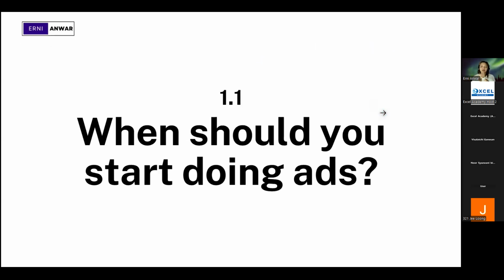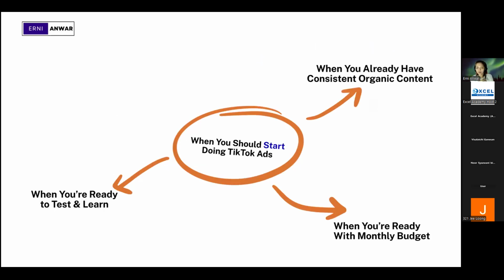So, our first topic is about when you should start doing ads on TikTok. First, if your TikTok profile already has at least 10 to 15 pieces of content, you can look up which content already has organic engagement, meaning at least 1,000 viewers, and out of those 1,000 viewers, at least 5% likes, comments or saves.